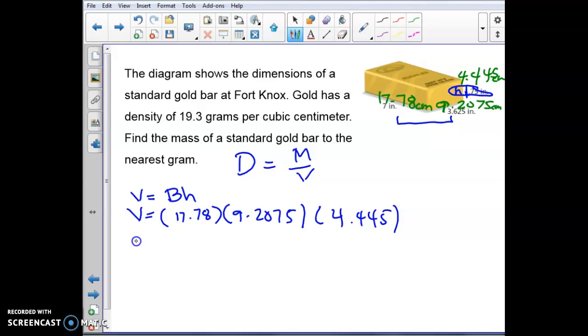So go ahead and do that in your calculator as I do it in mine. Okay, so I got 727.69 approximately cubic centimeters. Did you get the same one?